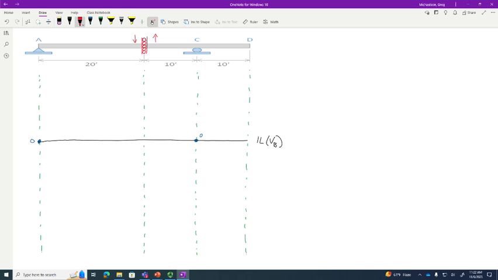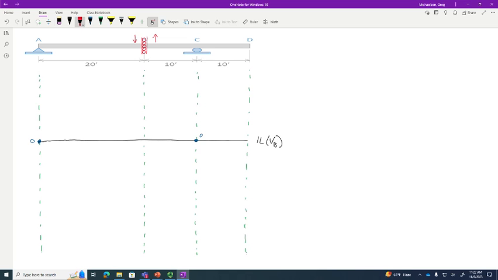Left side goes down, right side goes up. Okay? So let me ask you a question before I start drawing anything. If I put this release here, how many different rigid links do I have in the beam now? Originally it was just one solid piece. Now I've got 2. So I'm going to have 2 line segments.